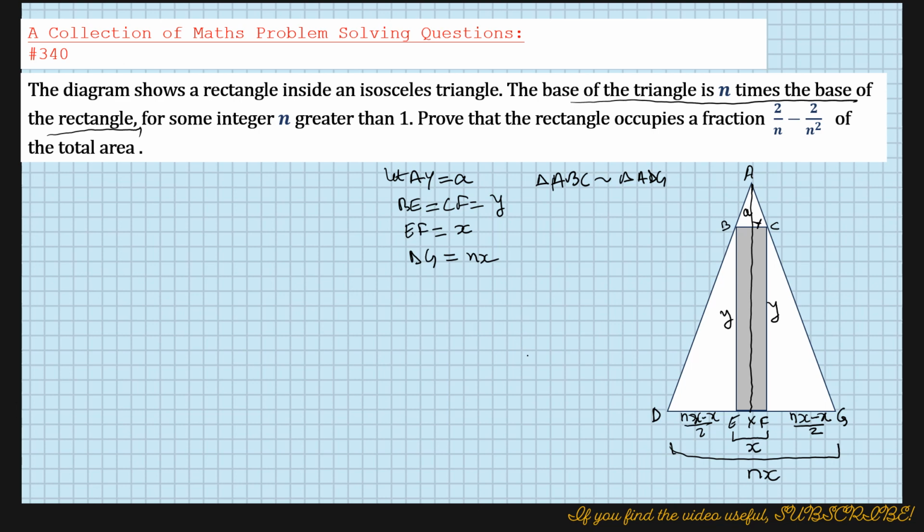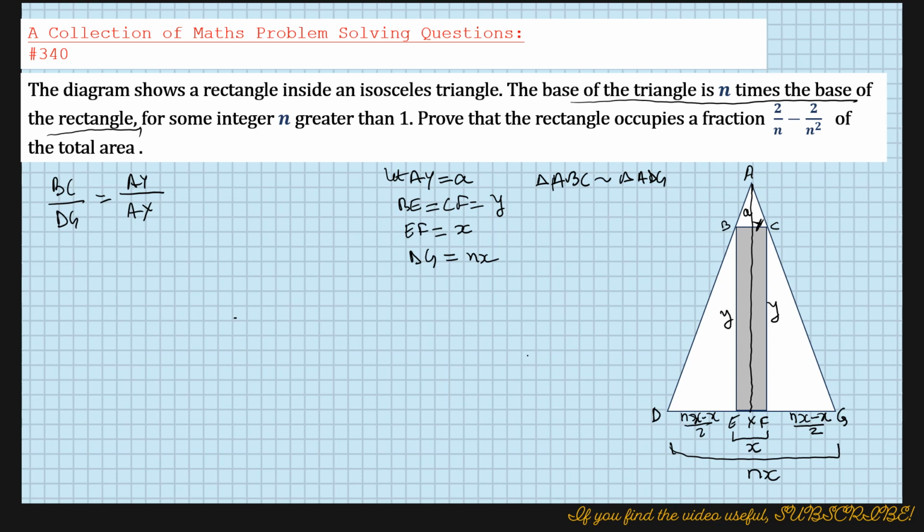Now what we do is we use the property of similar triangles to work out the ratio of these lengths. So by using the property of similar triangles, BC divided by DG should equal AY divided by AX.